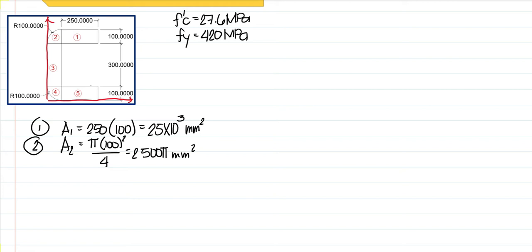Now for the third area, that will be area 3 is equal to the height or the base 100 kasi 100 lang naman to, which is the radius ng quarter circle. So that is 100 times 300. So that will be 30,000.